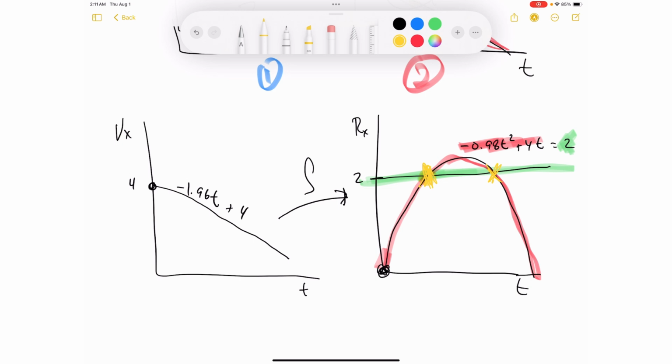In that case, it hits it twice, okay? So either you're going to get 2 imaginary, 2 real, or 1 real, 1 imaginary. What we're looking for is at least 1 real. If we don't get a real, that means it doesn't even achieve 2 meters.